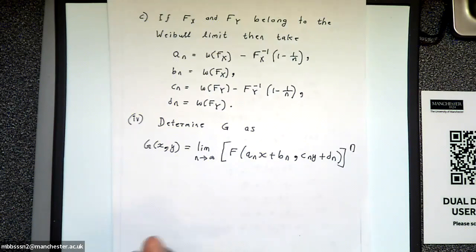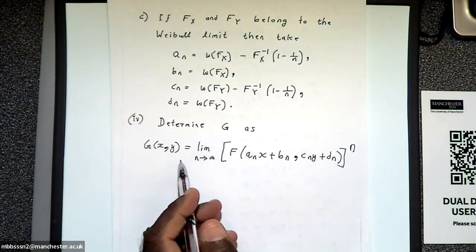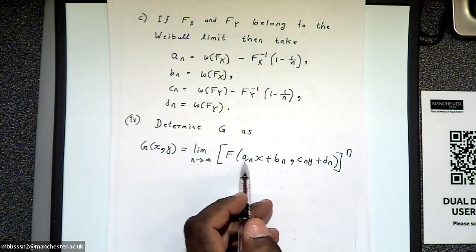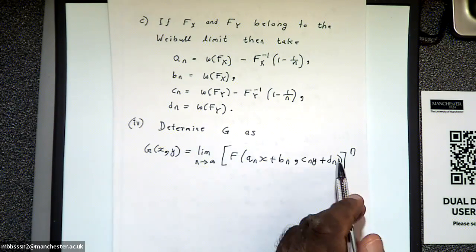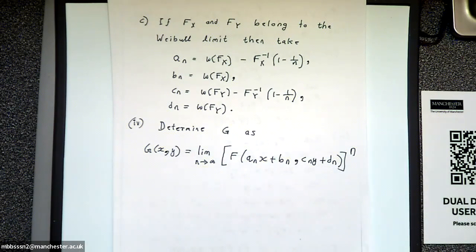The last step for determining G is to take the limit of this power n as n goes to infinity. So this is a 4-step procedure for determining G when it exists. I'll do some examples later on.